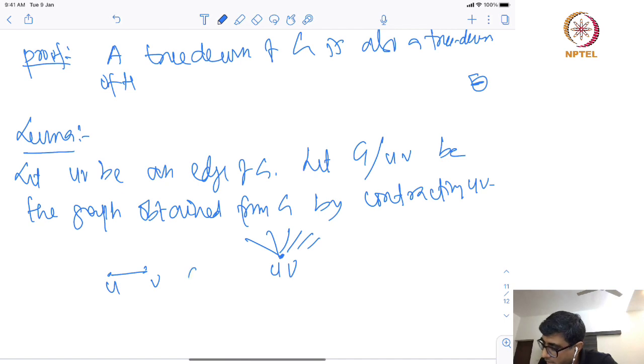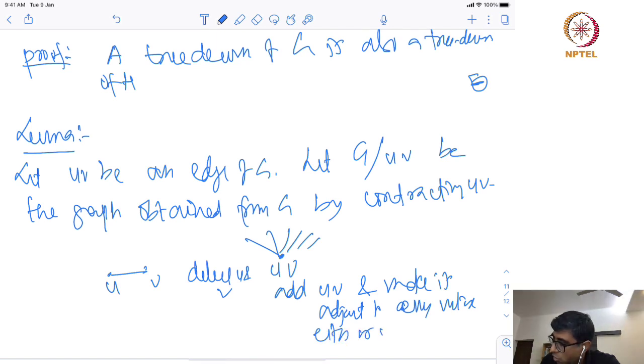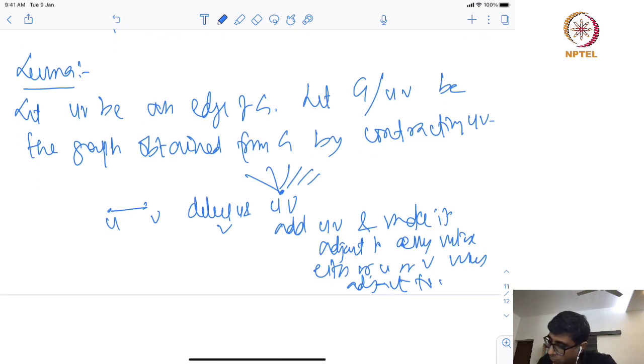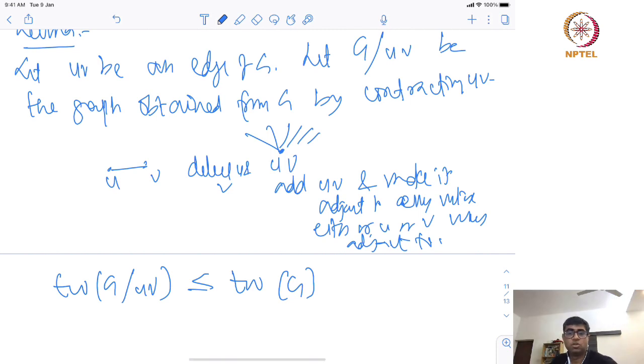So you delete u and v, add a new vertex uv and make it adjacent to every vertex that either u or v was adjacent to. So what are we saying? We are going to say that this is another operation which does not increase the tree width, and the proof is very simple.